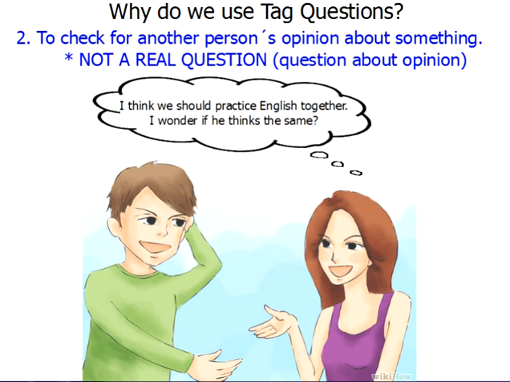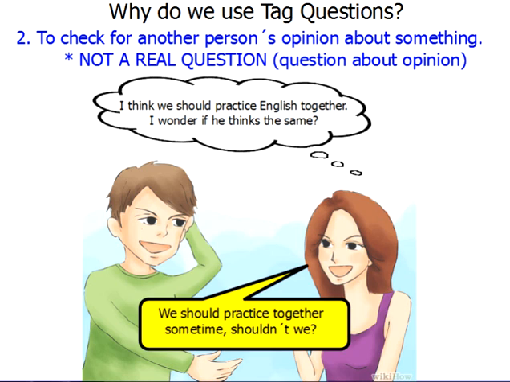So Janet is thinking to herself, well, I think that we should practice English together. And she says, I wonder if he thinks the same thing. So she has an opinion, and her opinion is that they should practice English together. But she wants to know what his opinion is. In this context, she's going to use a tag question. And she's going to say, we should practice together sometime.